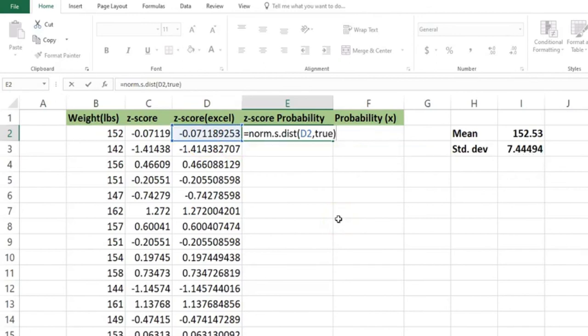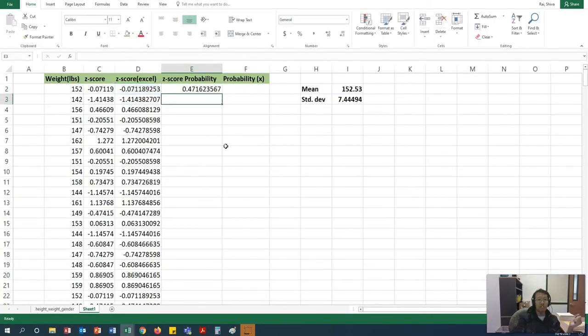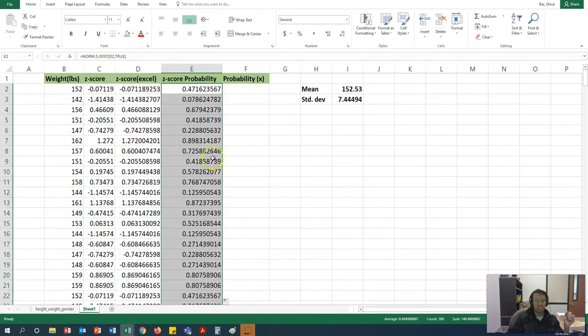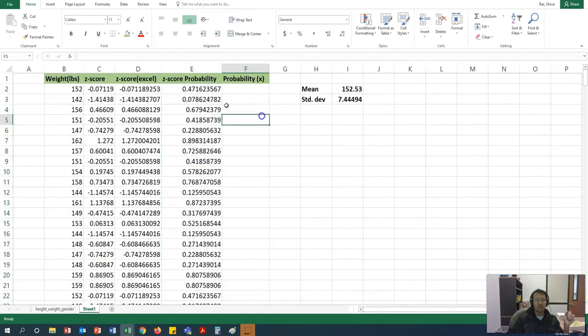For z-score probability by default it's true, but in some cases you may not want that. There are a few cases. Then you go for the same thing over here. So we found all the probabilities below these z-scores.